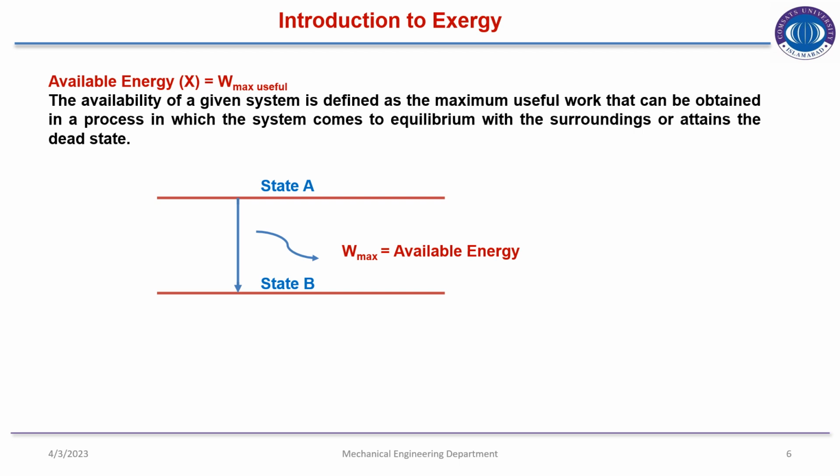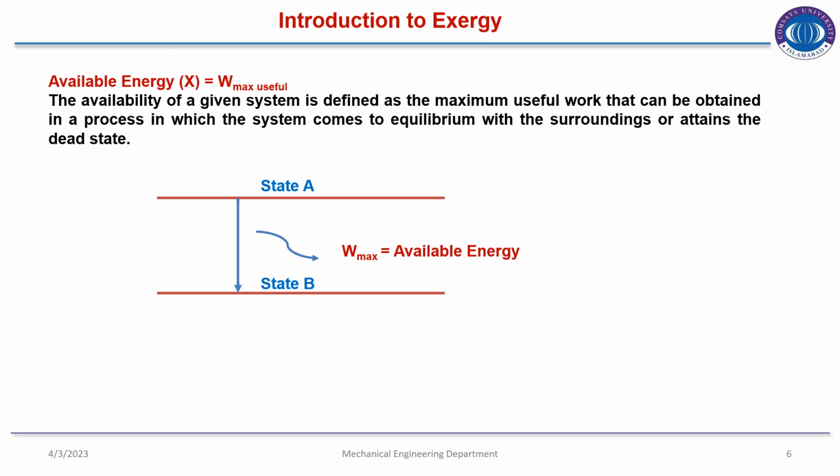Available energy, so exergy or available energy, usually denoted by the symbol X, is the maximum useful energy. The availability of a given system is defined as the maximum useful work that can be obtained in the process in which the system comes to equilibrium with the surroundings or attains the dead state.